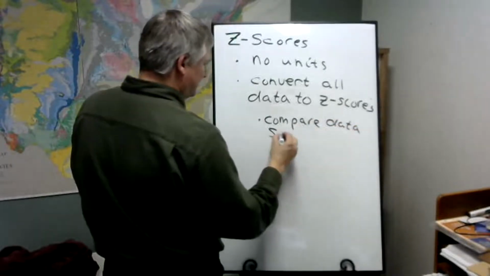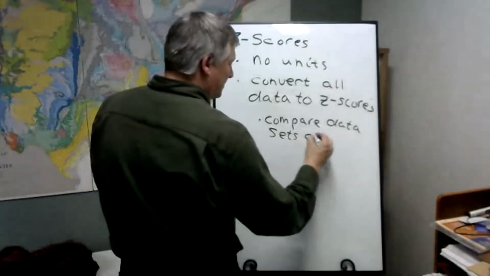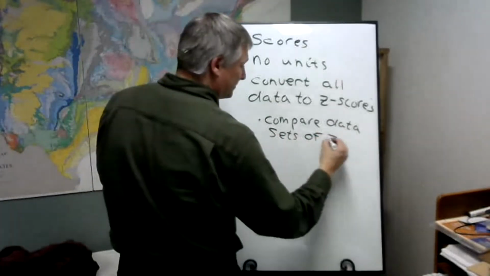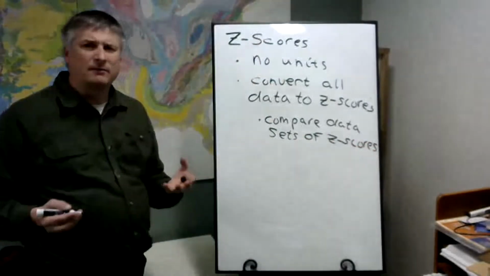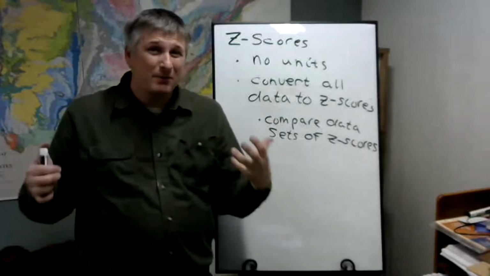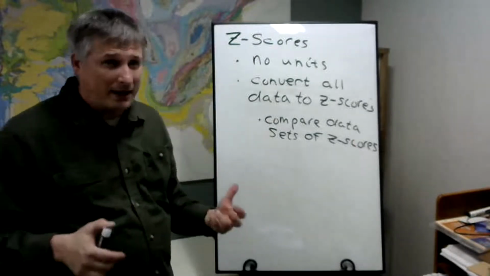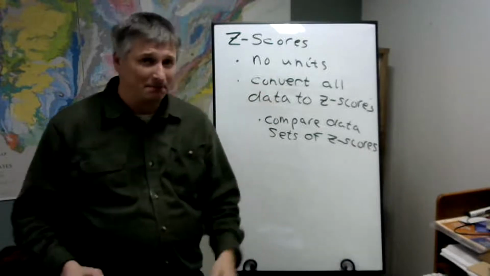So we can compare data sets, not of the raw data, but of the raw data converted to z-scores, if we wanted to do that for some reason. And again, each z-score tells us how many standard deviations away a particular piece of data is from the mean.